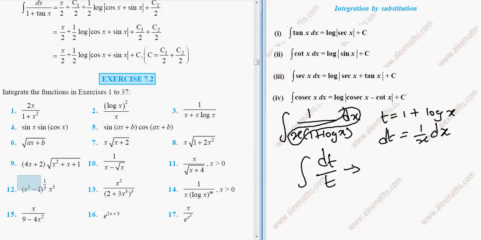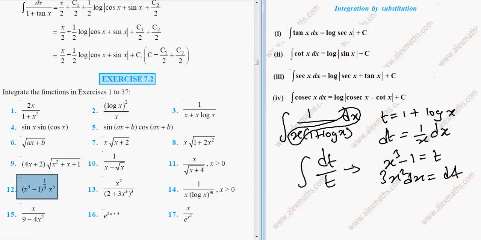Okay, and this is one little tricky problem. I'll show you the method here. See, what is the inner function? x cube minus 1, that we will take as t. So when you take x cube minus 1 as t, 3x square dx will be dt. Okay, now the question, I have to alter it as x cube minus 1 whole power 1 by 3.